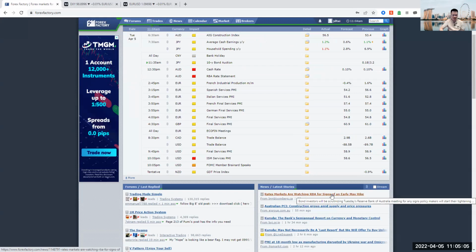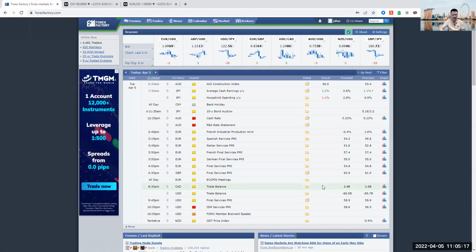I still think that it might be into the second half of the year, but if they do increase rates next month, then it's going to be a big surprise. We're likely to see further upside in the Aussie dollar. With all that, focus for today is the euro dollar, the euro pound. So let's look at it.